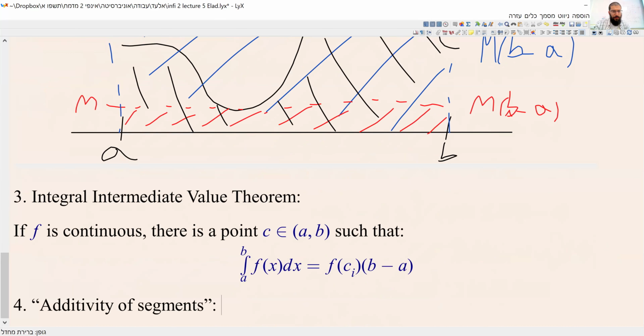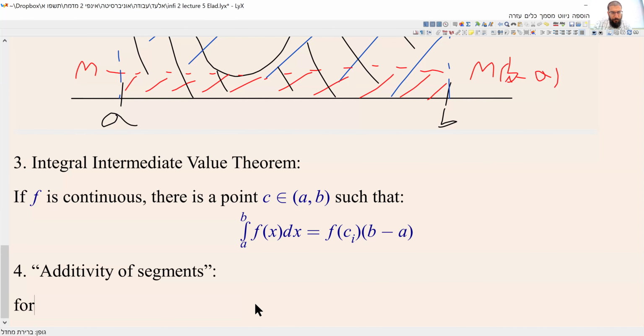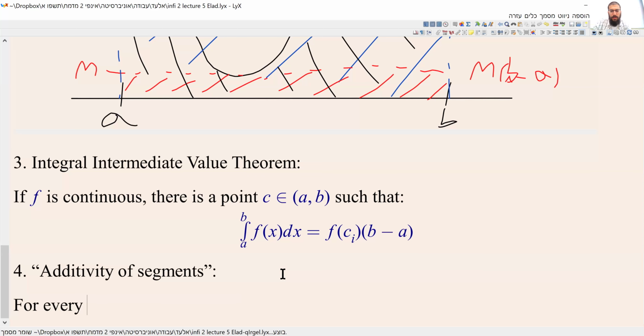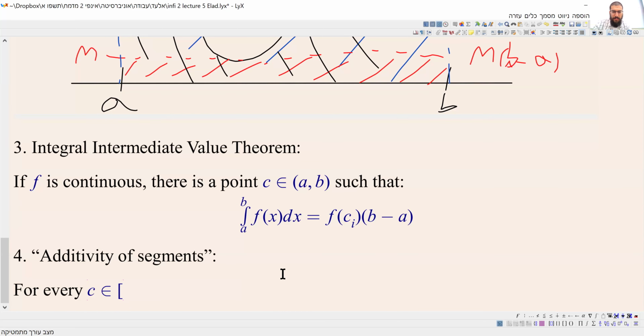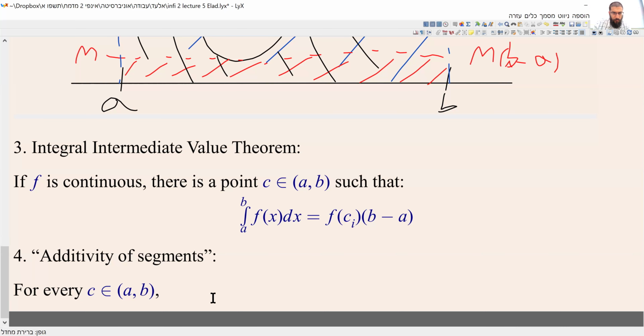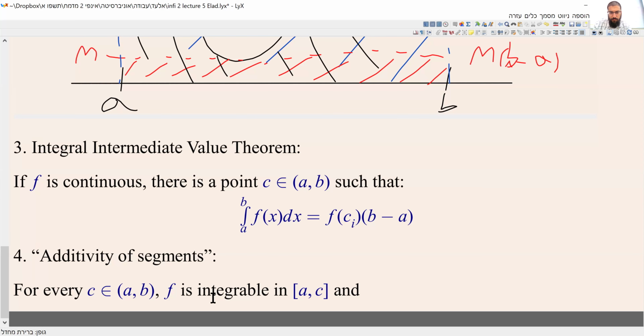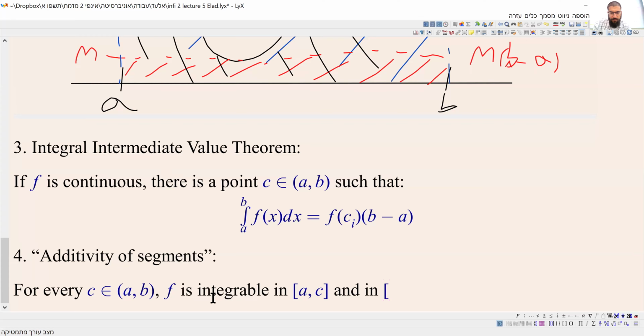Now, for every c in a and b, f is integrable in a to c and in c to b.